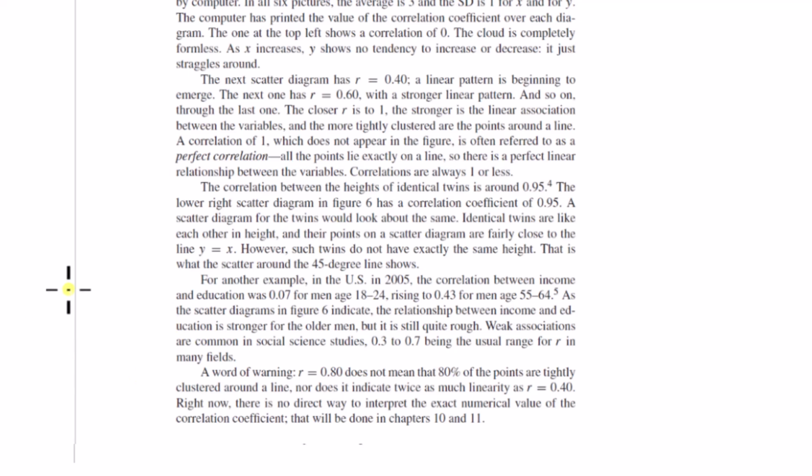So Figure 6 here has nothing to do with these income levels. Figure 6 is just a reference for different types of correlation coefficients. So it's just saying that in the U.S. in 2005, the correlation between income and education was really low for men aged 18 to 24. And why does this make sense?